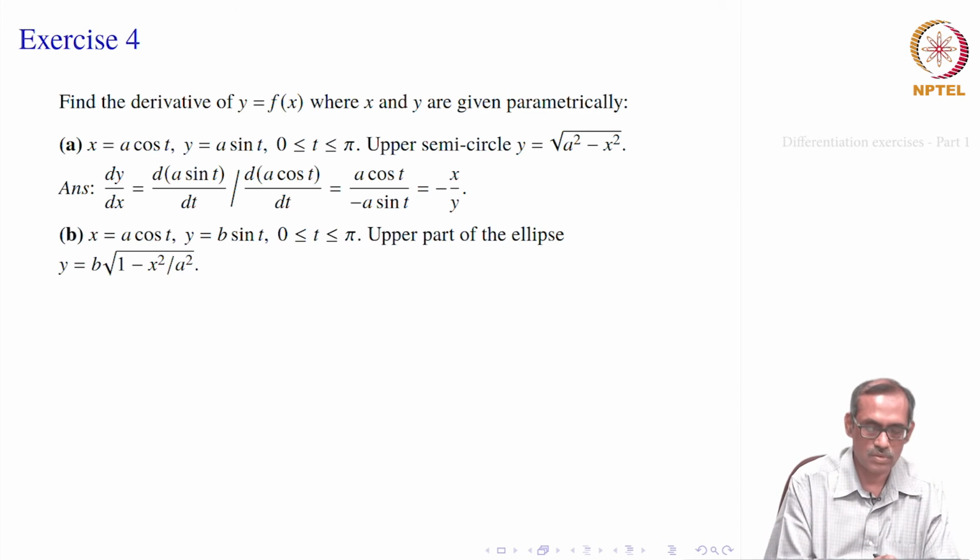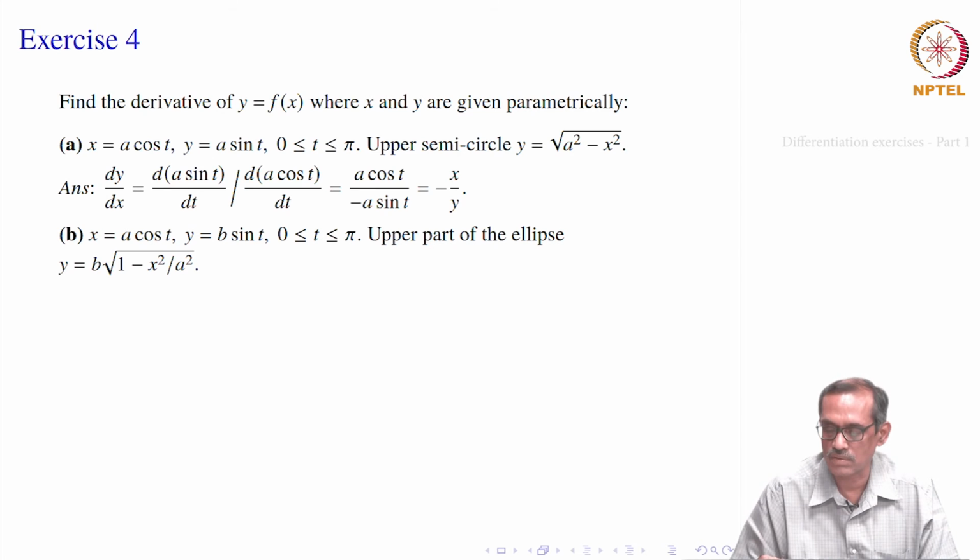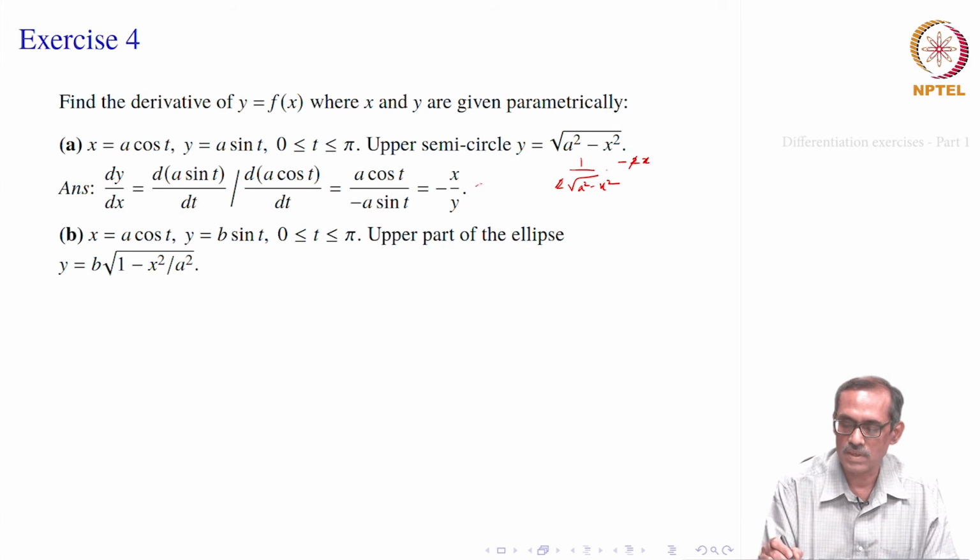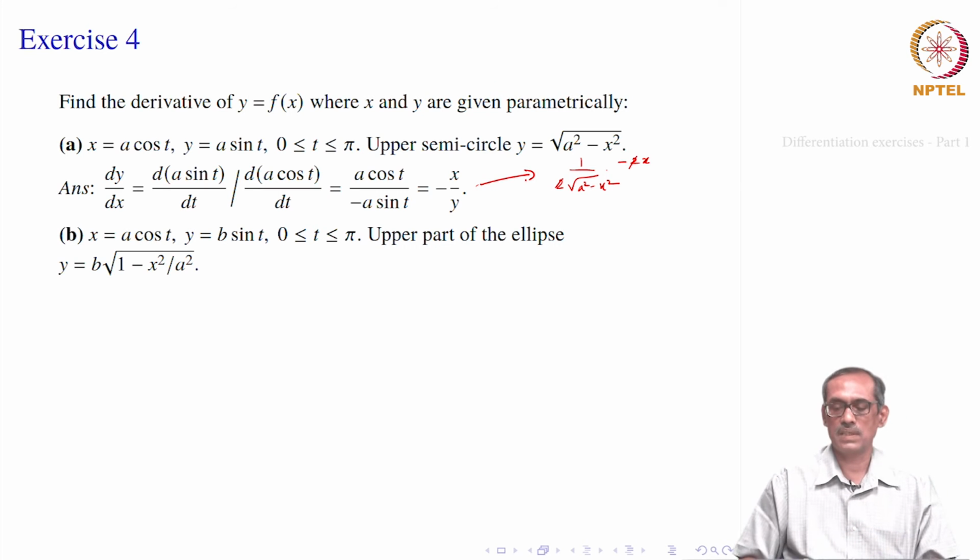If you do it directly also, you can get the same answer. y equal to square root of a square minus x square. So, dy by dx will be the derivative of the square root first, that will give 1 divided by 2 square root of a square minus x square, times the derivative of a square minus x square with respect to x. That would give minus 2x. So, these 2 cancel, and you get minus x divided by square root of a square minus x square, which is the same as minus x divided by y.